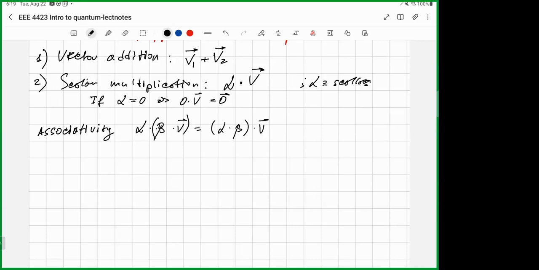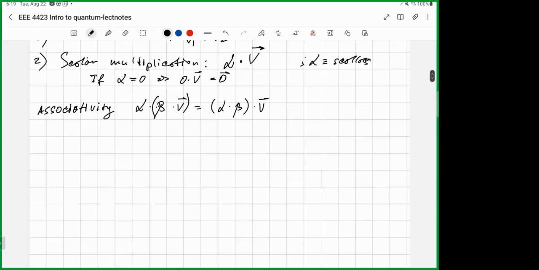The result is supposed to be the same. This is the property of associativity. And another one is distributivity.